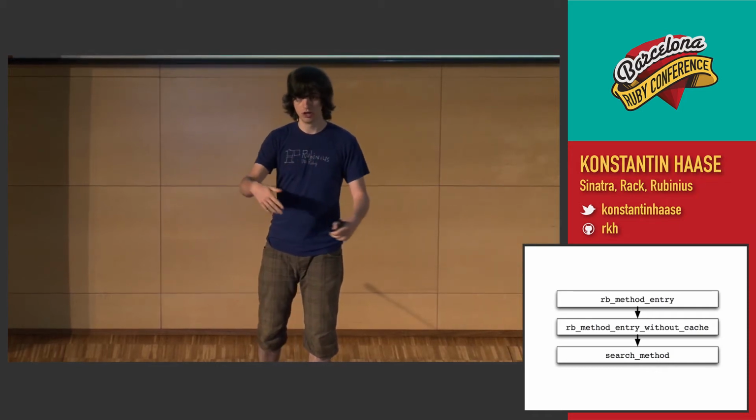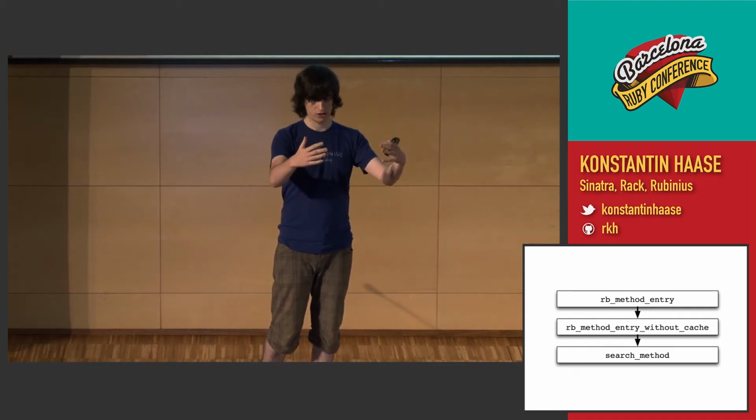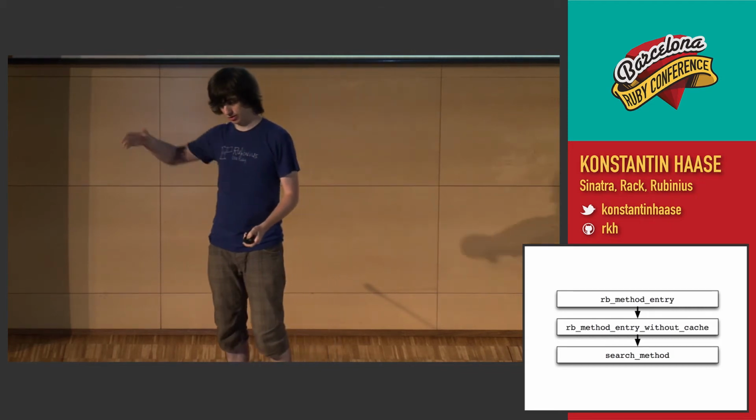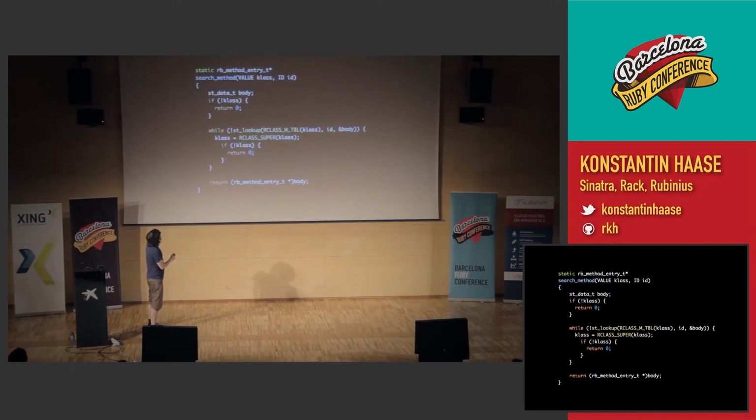Like if you call ultimate_answer on that class, then we'll look: has that class the method? And go up the inheritance chain. And that method looks like this. You get the class, which also can be the singleton class. You get the class here, and the ID is the C representation of the identifier, but it's basically a symbol, which is the name of the method.